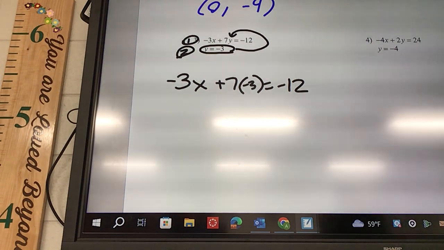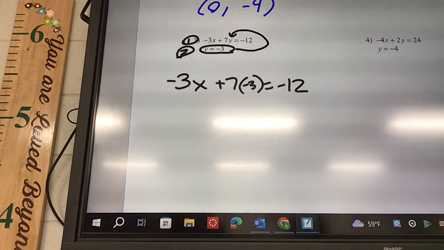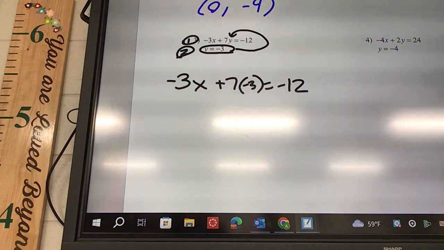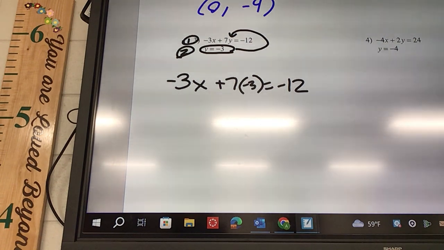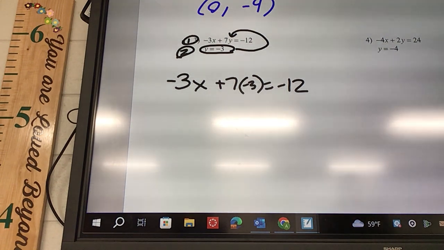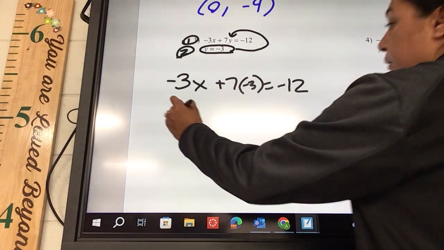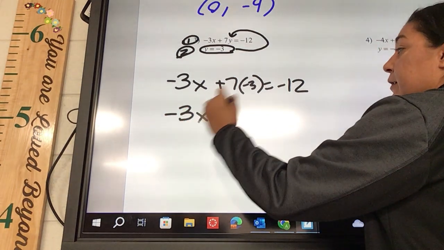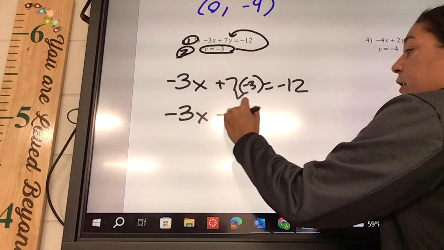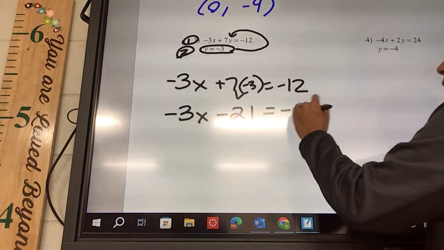Okay, if that's easier for some of you. Okay, our very first step is to say 7 times -3. What is 7 times -3? -21. So I'm going to have -3x minus 21 equals negative 12.